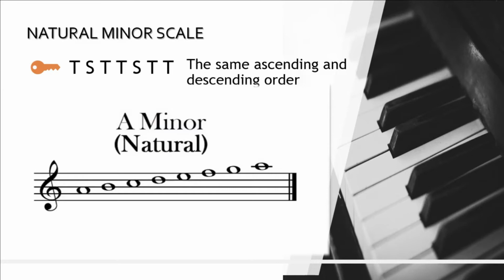That will be the tonic sol-fa. Now we are going to hear how it sounds, the entire scale of A minor. Okay, that is how the scale of A minor will sound in the ascending and in the descending order.